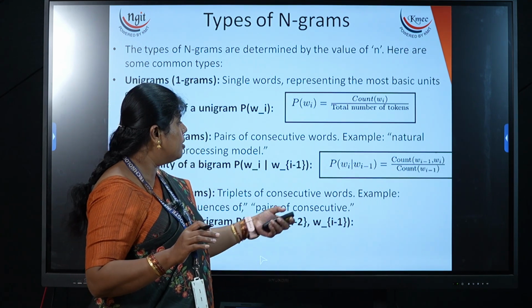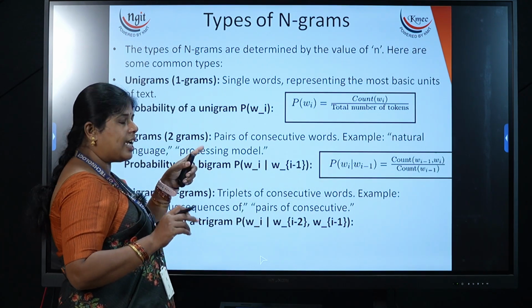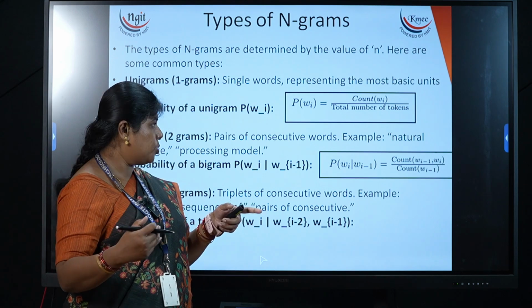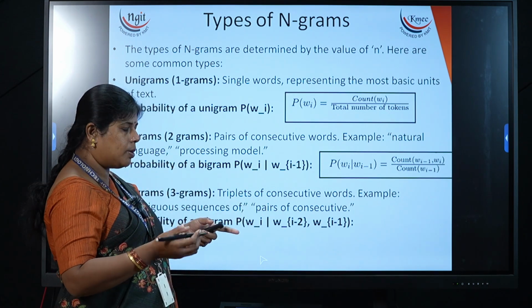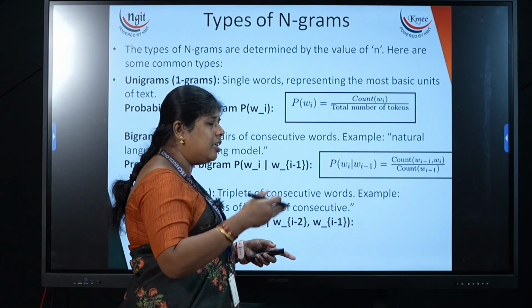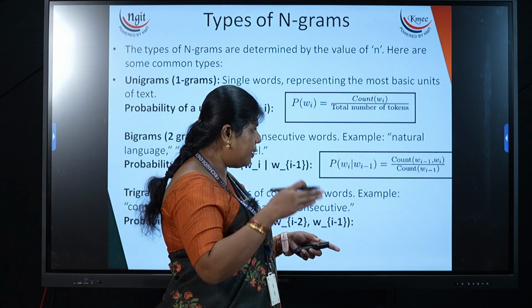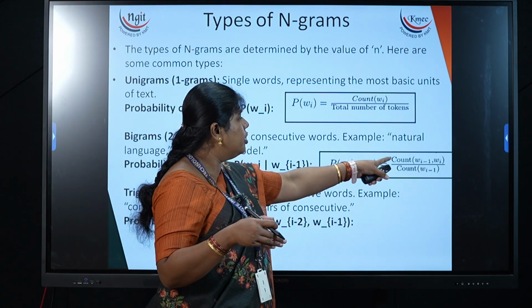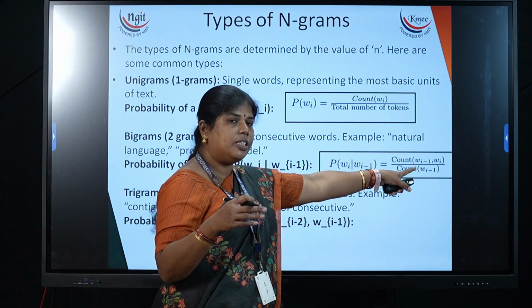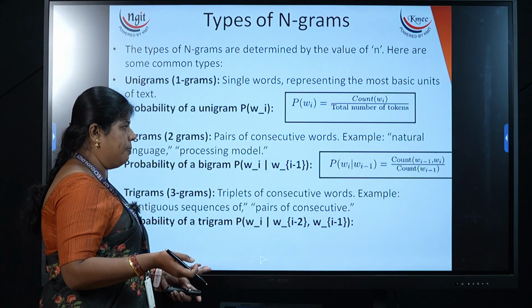Are you understanding? If there is a phrase "natural language", then natural becomes Wi minus 1 and language becomes Wi. Then I find all the sequences available in my storage of Wi minus 1 followed by Wi, divided by the total count of Wi minus 1.